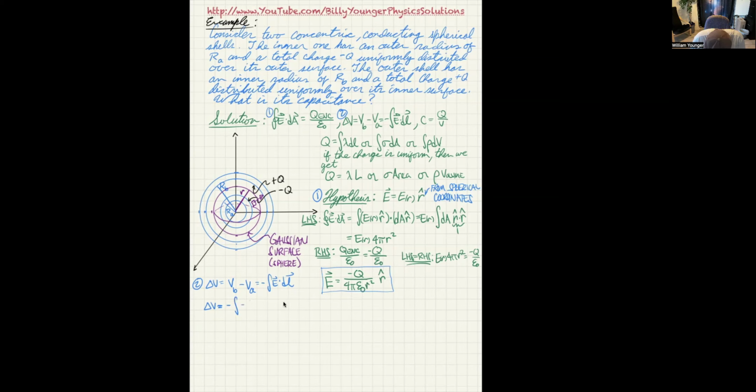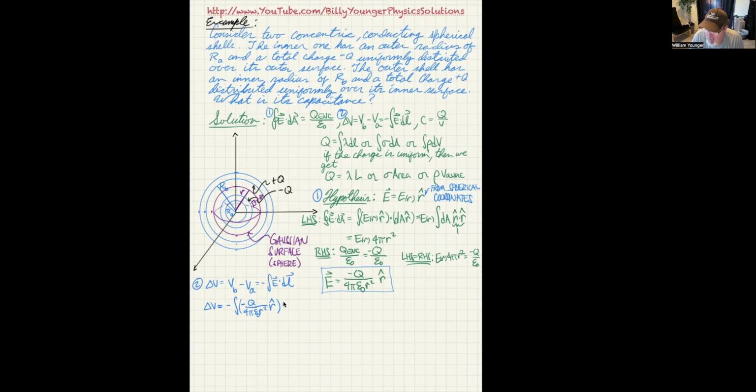It would be negative Q over 4 pi epsilon naught R squared in the denominator, R hat, that's the actual electric field. And I have to move from RB to RA. Now, I'm going to choose my dl to indicate which direction I'm going.